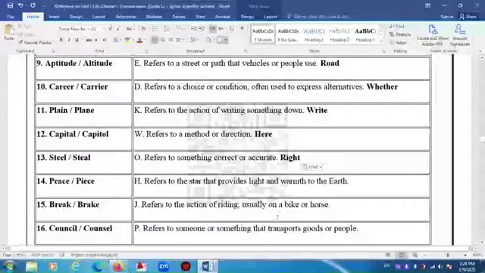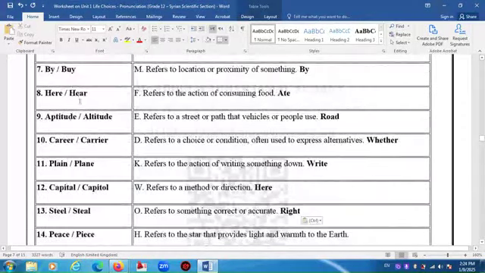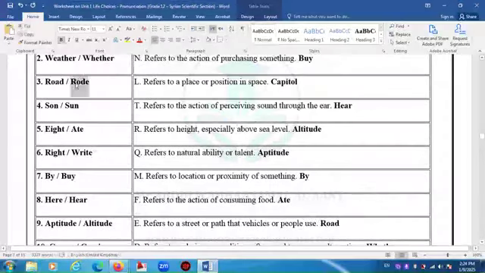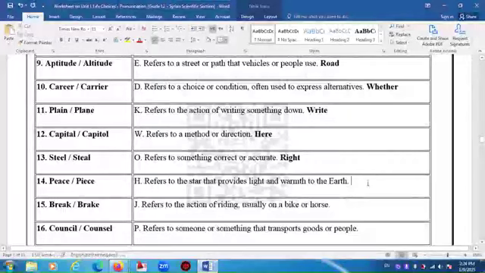Refers to the action of riding, usually a bike or a horse. Rode. The past of ride. Oh, my bad, sorry. I made it here. It is here. Yeah. Let's go back. Refers to the star that provides light and warmth. That's the sun.